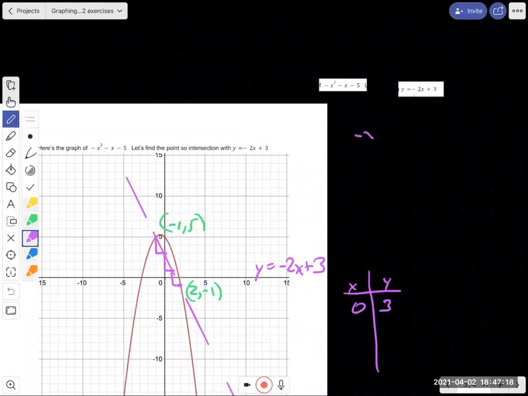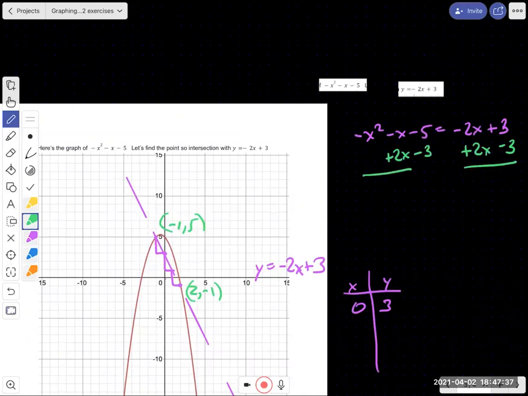Minus x squared minus x minus 5 equals minus 2x plus 3. All right, so let's get everything on one side. So we're going to add 2x, we're going to subtract 3. Let's see what we get. So we get minus x squared plus x minus 8 equals 0.